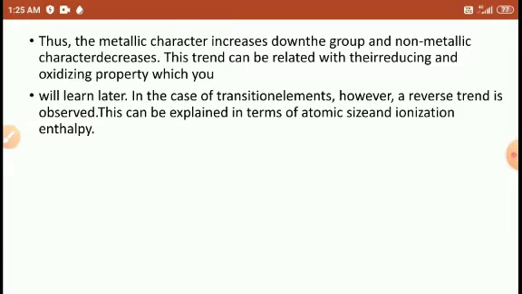Students, this trend is related to the reducing and oxidizing property.